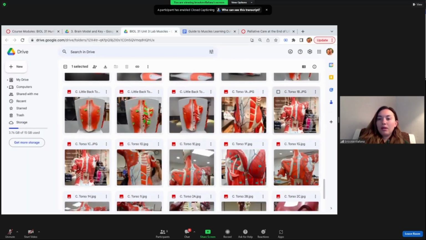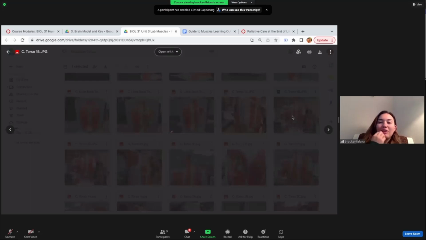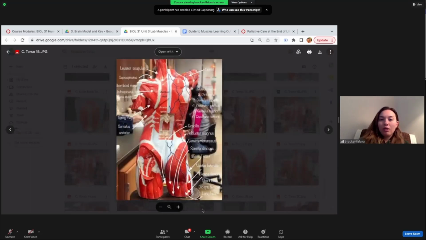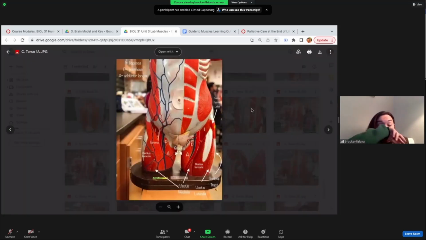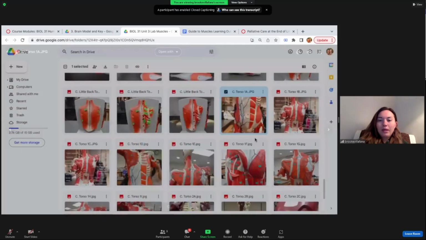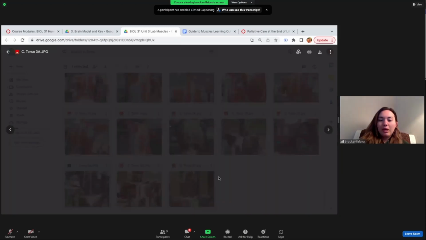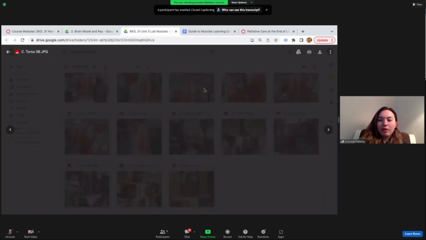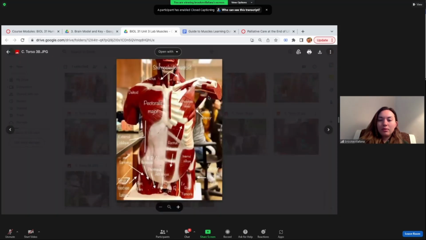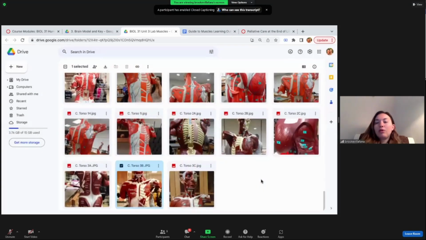Inside of that, we have a torso model here, completely labeled for you, front and back. And then this torso model is also labeled, back and front. So for that reason, I'm not going to relabel those 2 models.